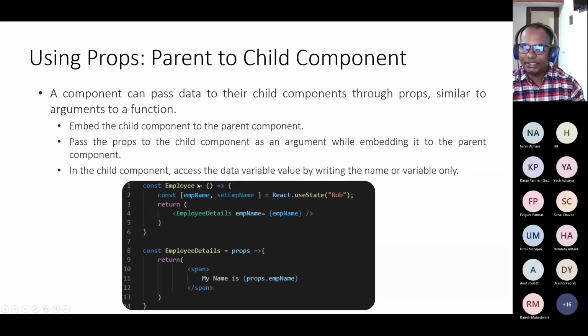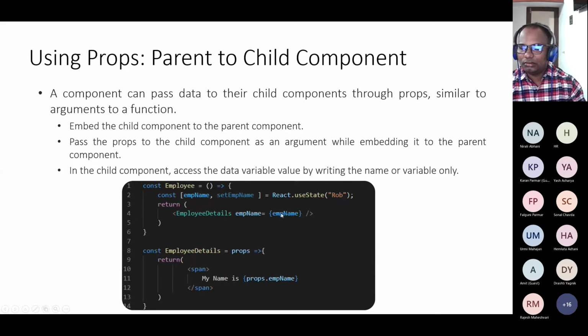Here in the Employee component, I am passing the employee name. You see empName, a particular state member of the Employee component, and I am passing it as a parameter. This is how you can simply pass data to the child component. Any value you want to send, you can write in this JSX expression, and here we are sending a state variable.